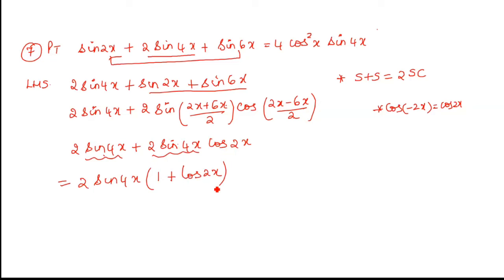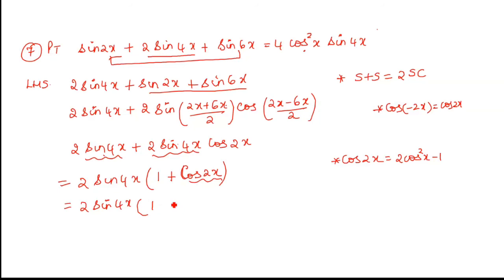Okay. So now we know one cos 2x formula. Look here at what you want. You want cos square in the answer. So which is the cos 2x formula in terms of cos? What is the cos 2x formula in terms of cos? You get 2 cos square x minus 1. So substitute in place of cos 2x.